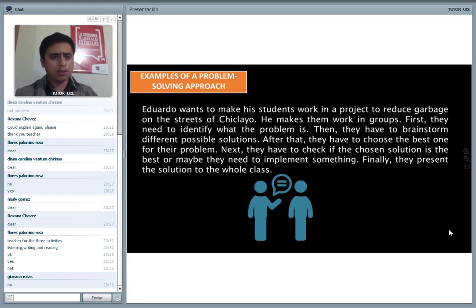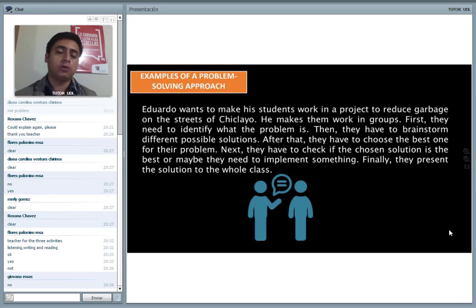To make students work together, to exchange different ideas, to learn from each other, and to find the best solution for the problem that they have. So in this kind of activities, the students need to have a level of English. They need to know at least the basics, because they need to talk and interact with each other.